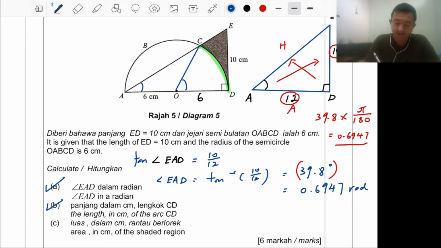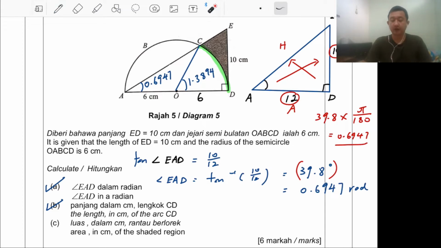Therefore, if this is 0.6947, when you times 2, you get 1.3894 radian for the angle at the center of the circle.